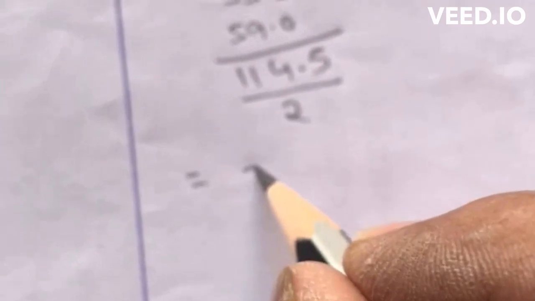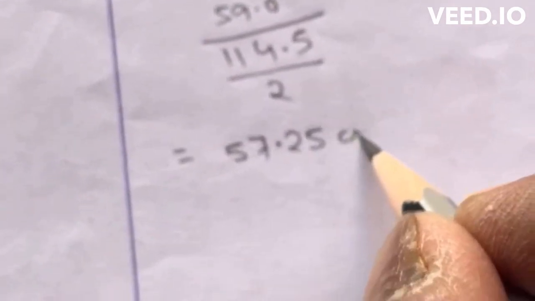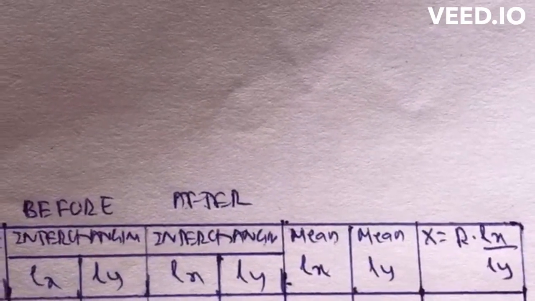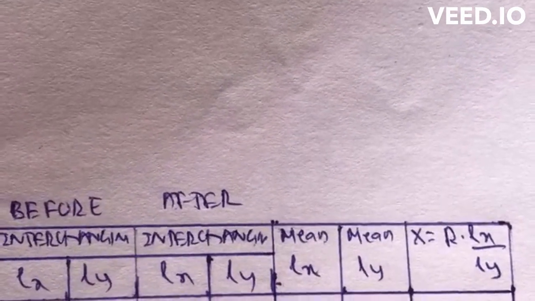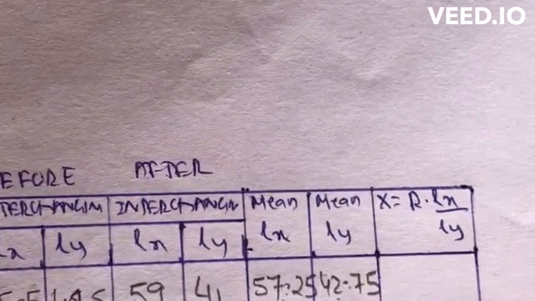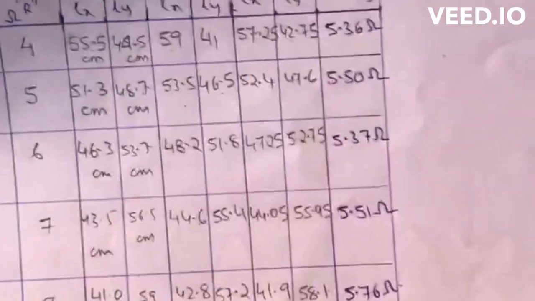Divide by 2, you get 57.25 centimeters. So this one you write here. Similarly, I have done this for 44.5 plus 41, which is 85.5, upon 2 you get 42.75. Similarly, you can fill up the other columns as well.